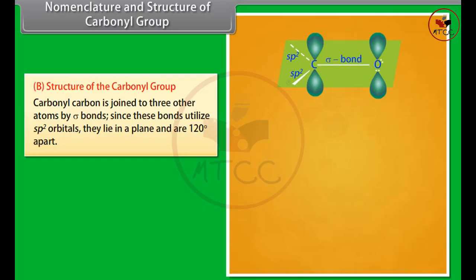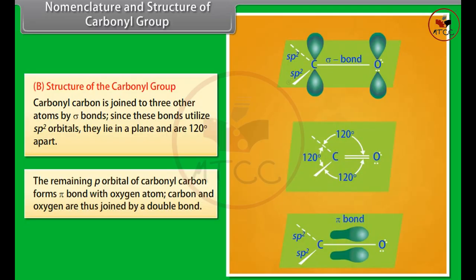Carbonyl carbon is joined to 3 other atoms by sigma bonds. Since these bonds utilize sp2 orbitals, they lie in a plane and are 120 degrees apart. The remaining p orbital of carbonyl carbon forms a pi bond with oxygen atom. Carbon and oxygen are thus joined by a double bond.